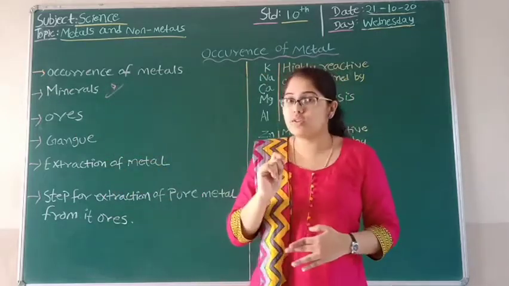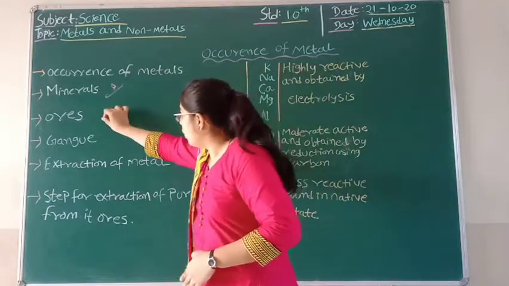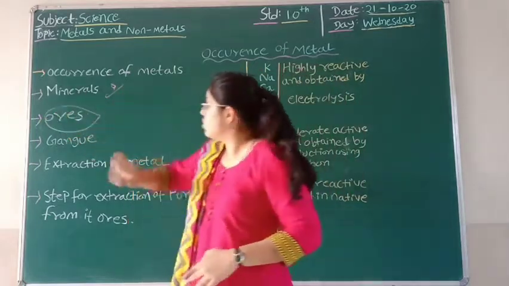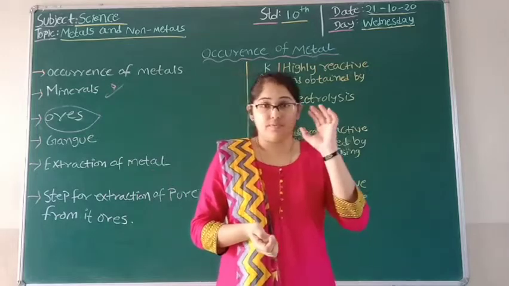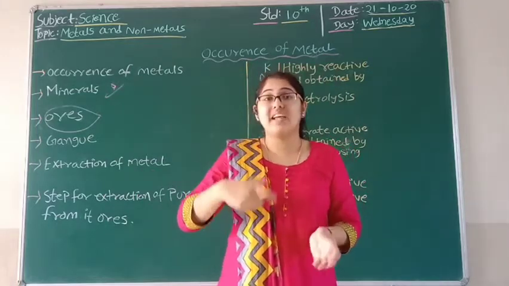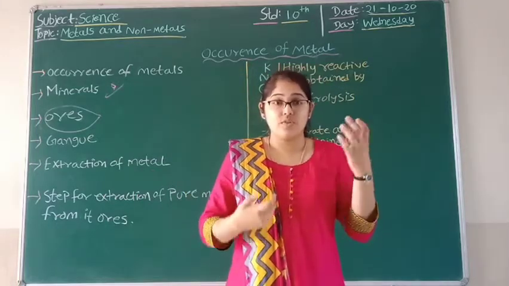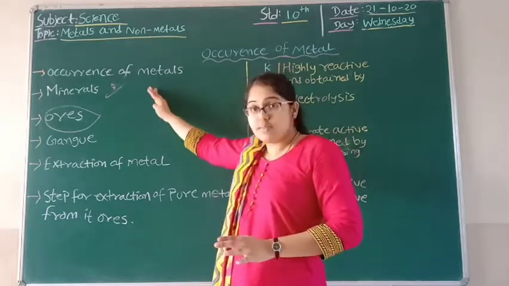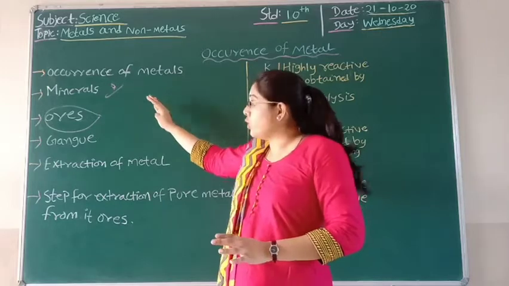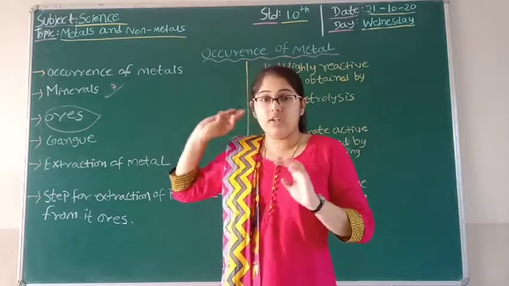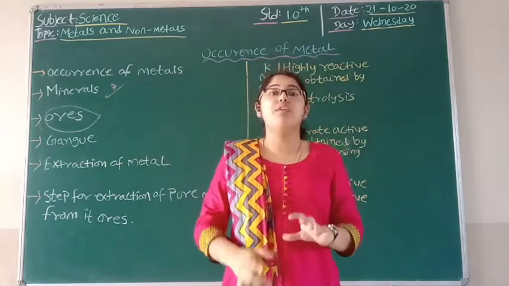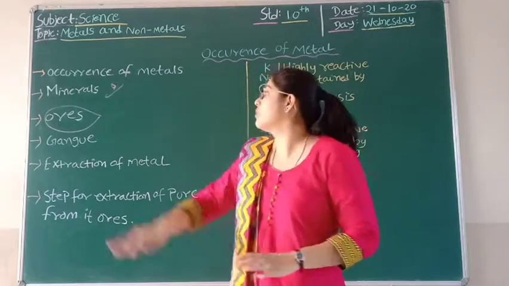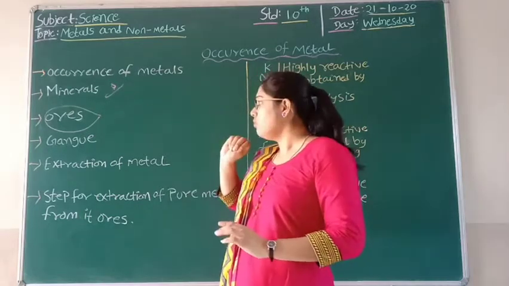So what are ores? Now we will see what ores are. Students, from minerals we also get metal. There is a high probability of getting metal from these minerals, and that is known as ores. Those metals in the pure form are known as ores.